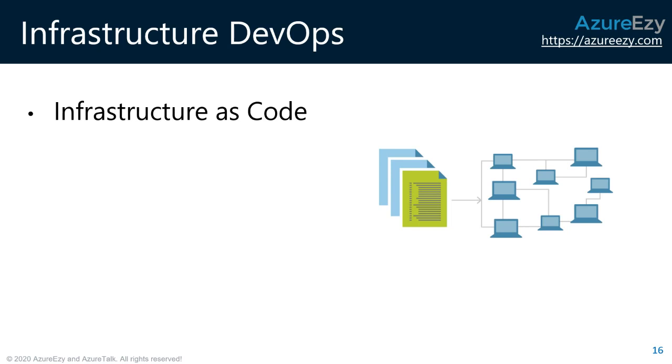You go to the portal, you click on things, and you do this using a graphical user interface. But infrastructure as code says: why can't we create some script? Why can't we define these things, what we are doing on the portal, creating a VM with so-and-so size, creating a network with so-and-so configuration, creating a storage account, creating a WebApp or whatsoever, different services? Instead of going through the manual graphical user interface, why can't we do this using some script, some template? And that's what we call infrastructure as code.